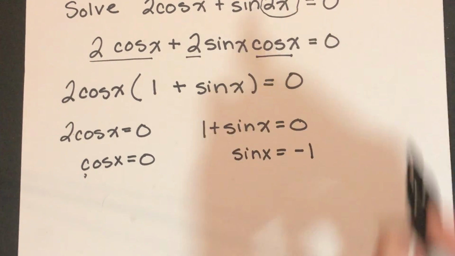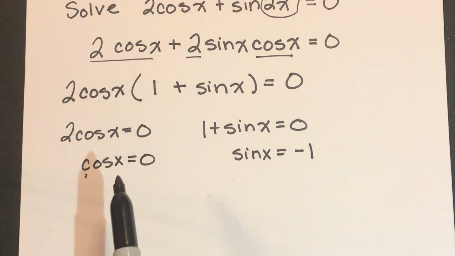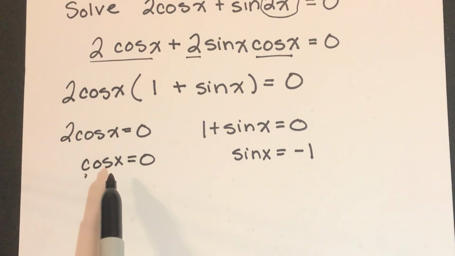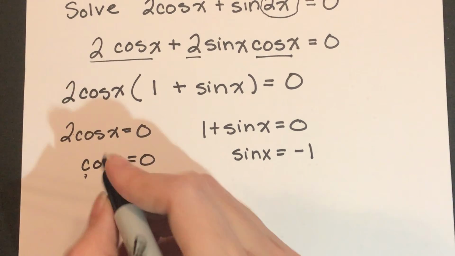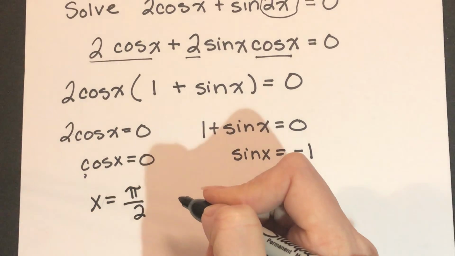You can use your chart, your unit circle, or your brain to find where the cosine of x equals 0. Well, it equals 0 at pi over 2.